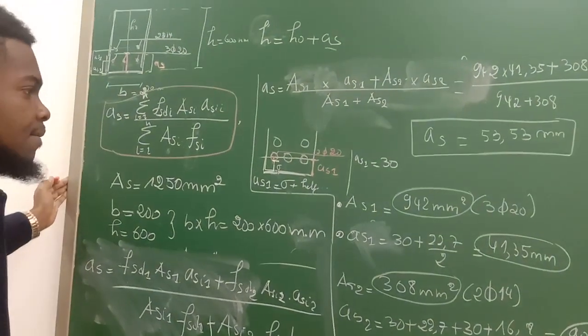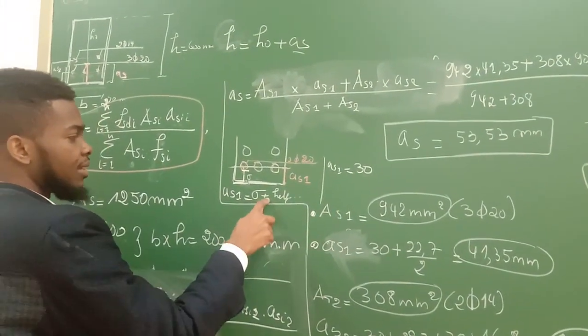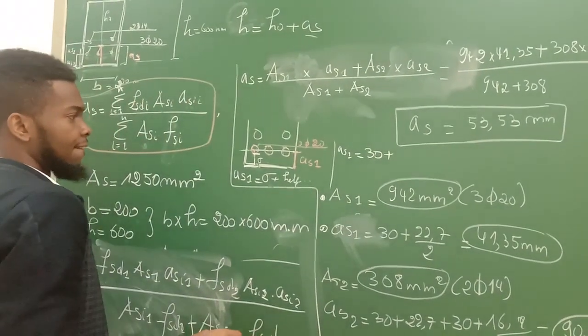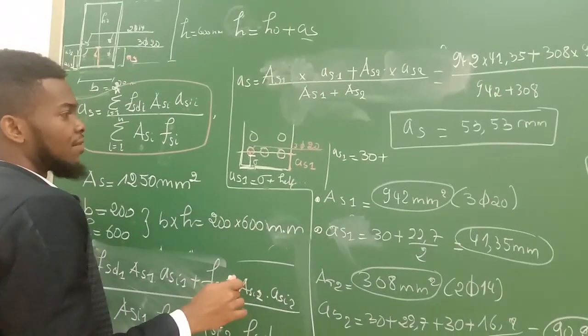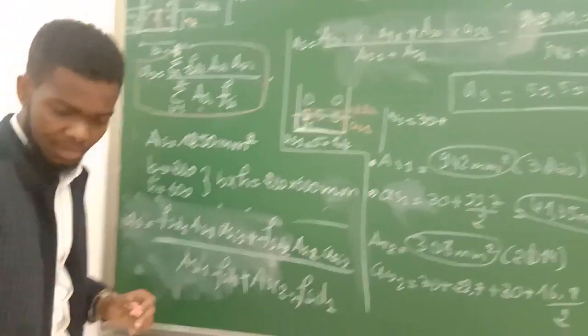So we take 30, and then plus half of the diameter. We also check inside the book, the 3.20 steel, you can find it here.